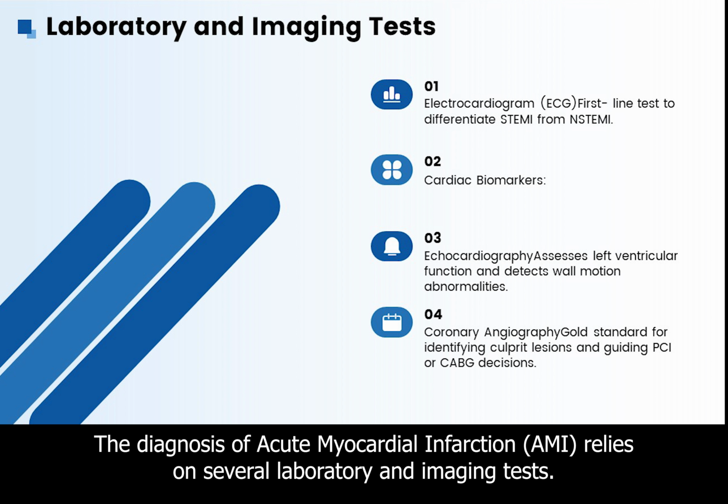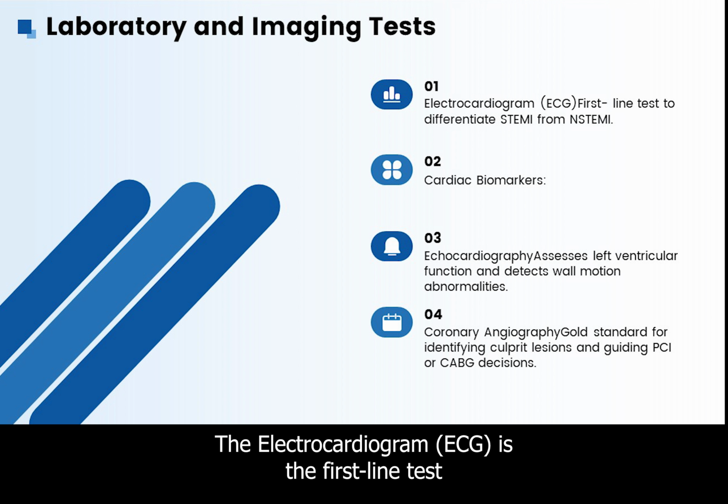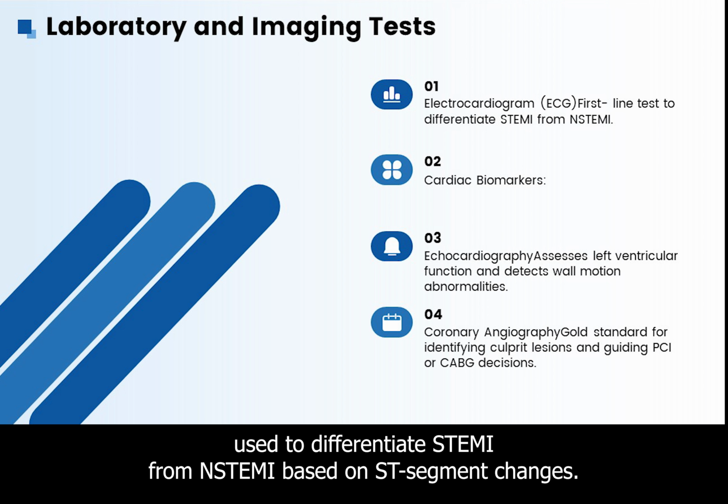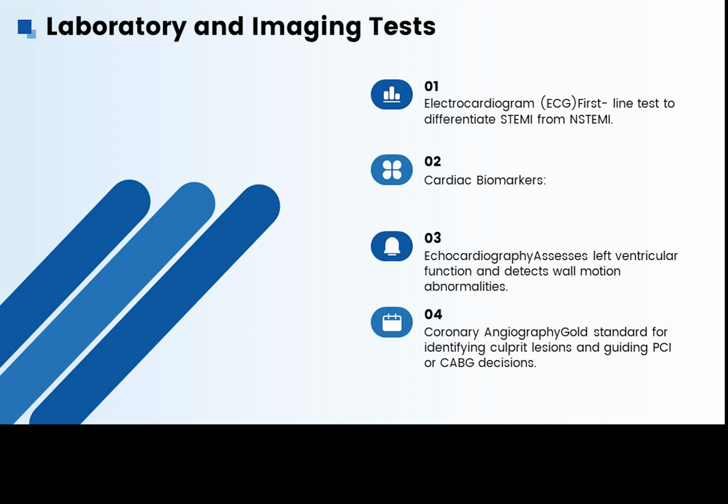The diagnosis of acute myocardial infarction relies on several laboratory and imaging tests. The electrocardiogram is the first-line test used to differentiate STEMI from NSTEMI based on ST segment changes. Cardiac biomarkers, particularly troponin T and I, help confirm myocardial injury.